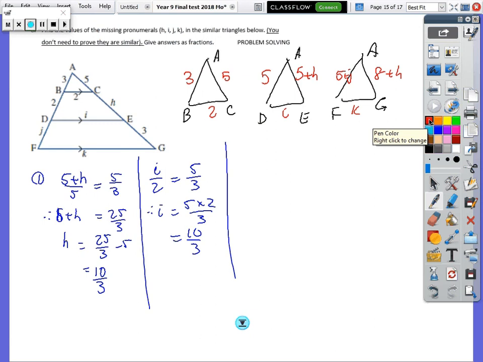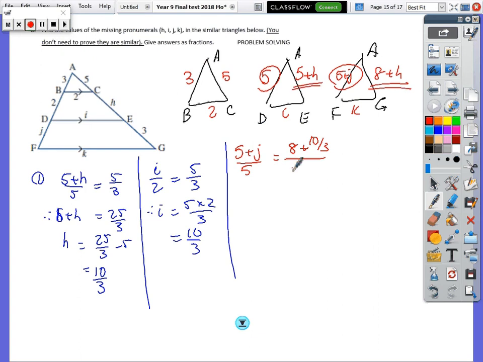Next one, 5 plus J over 5 equals 8 plus 10/3 over 5 plus 10/3.